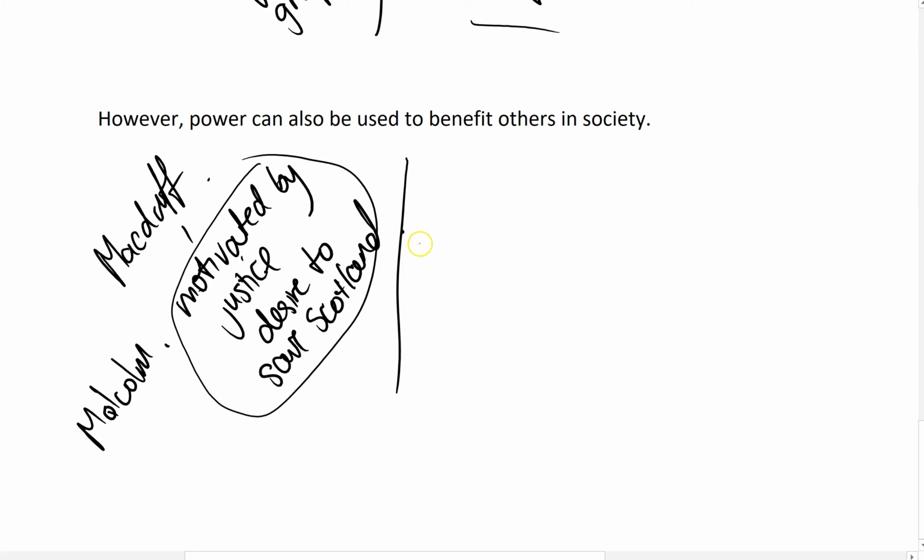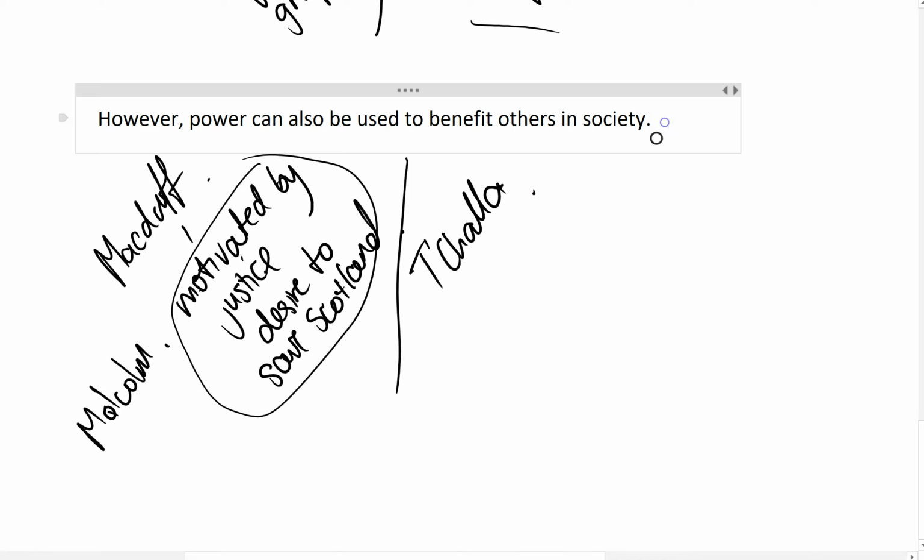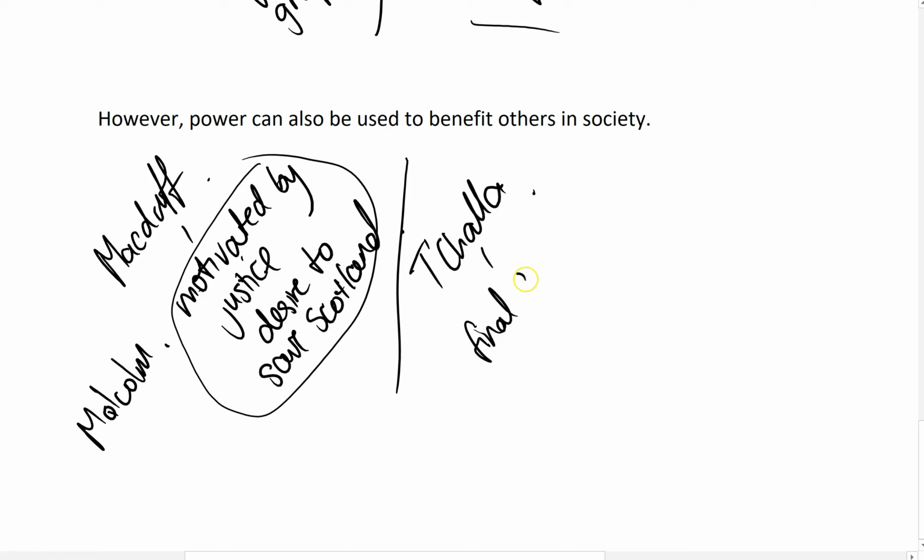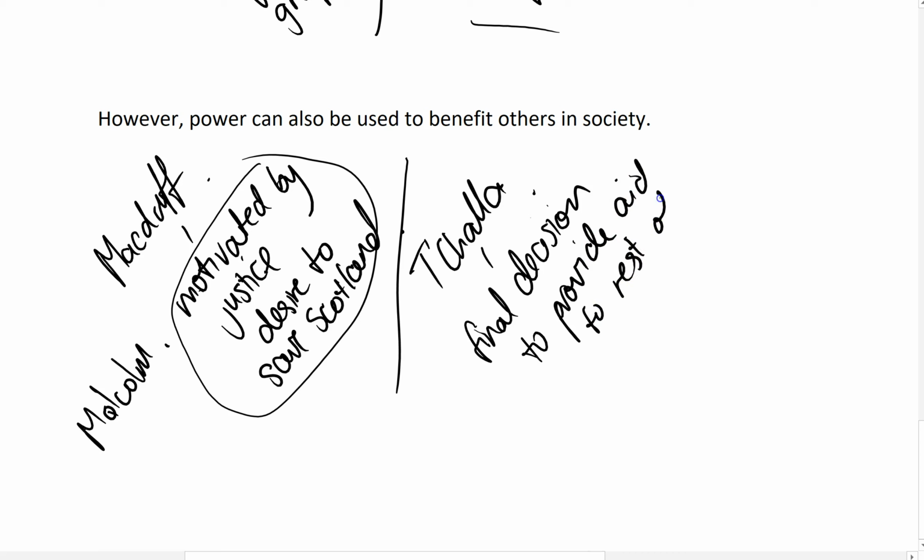And then perhaps I could also use the example of T'Challa, power being used to benefit others in society. Straight away I think of him and his final decision as king to provide aid to the rest of the world.